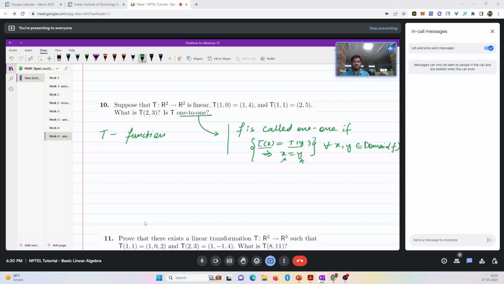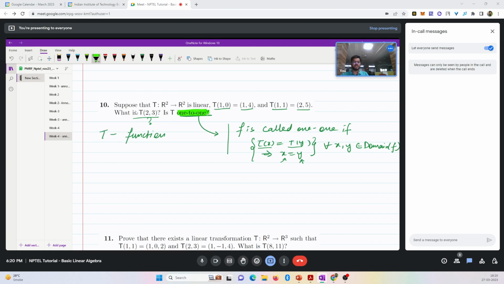So here we are given a linear transformation, and we are given that T of (1,0) goes to (1,4), T of (1,1) goes to (2,5), and then it asks what is T of (2,3) and whether it is 1-1 or not. Regarding this 1-1 thing, we'll come towards it at the end.